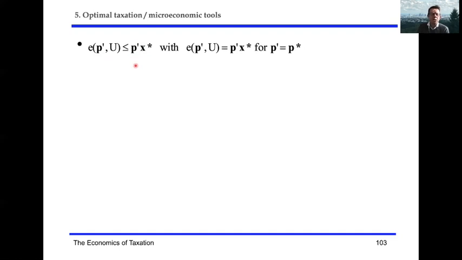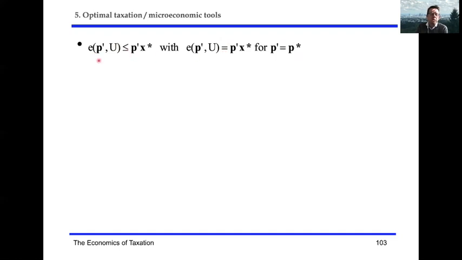Now, there is one special case, namely if P prime happens to be the same as P star, then x star is expenditure minimizing. That was what we had by definition on the last slide. And then the equality holds.